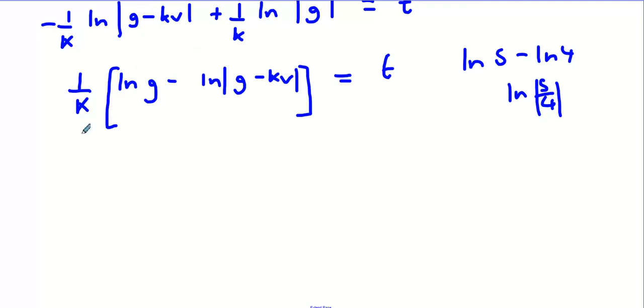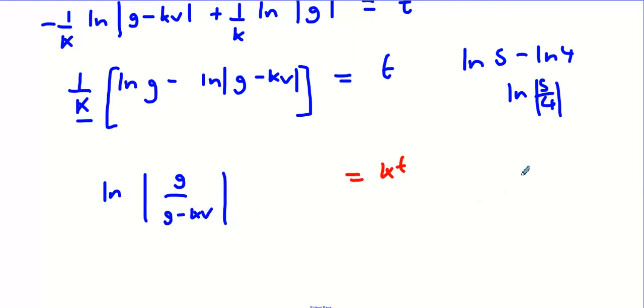This k is division on the right, which will make it multiplication on the left. So it's going to be kt on the right, and then on the left it's going to be ln g divided by g minus kv.